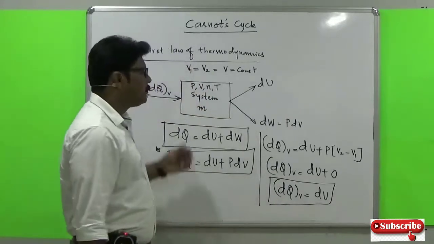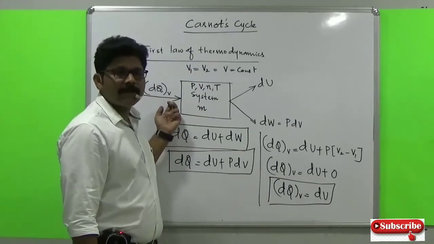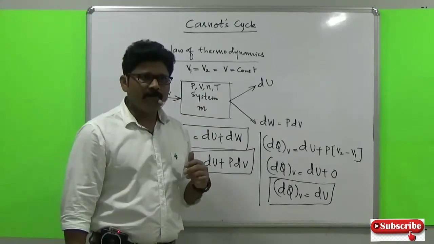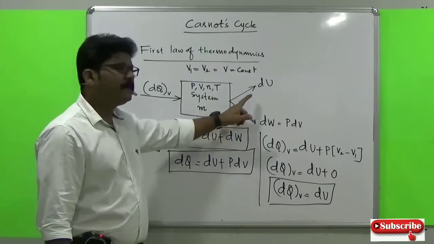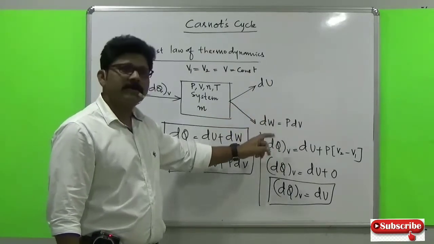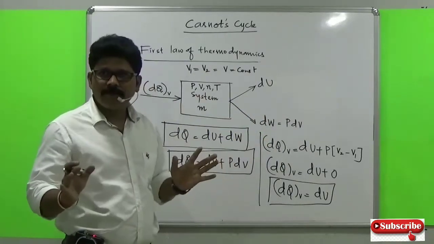That means if you are supplying heat at constant volume to a system, it will be utilized only to increase the internal energy. External work done is 0.